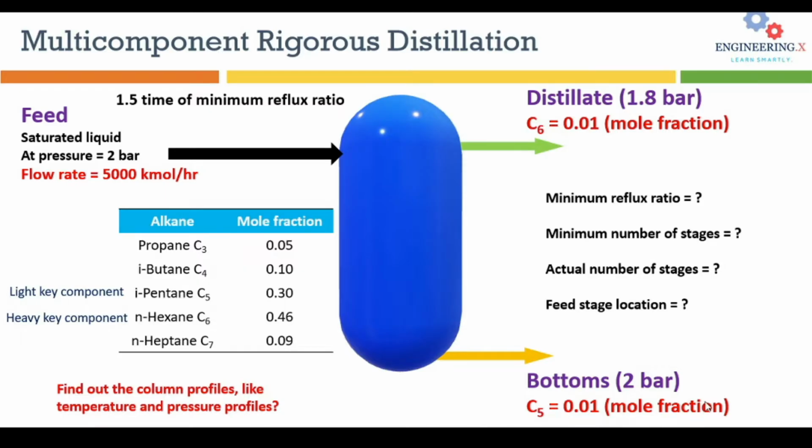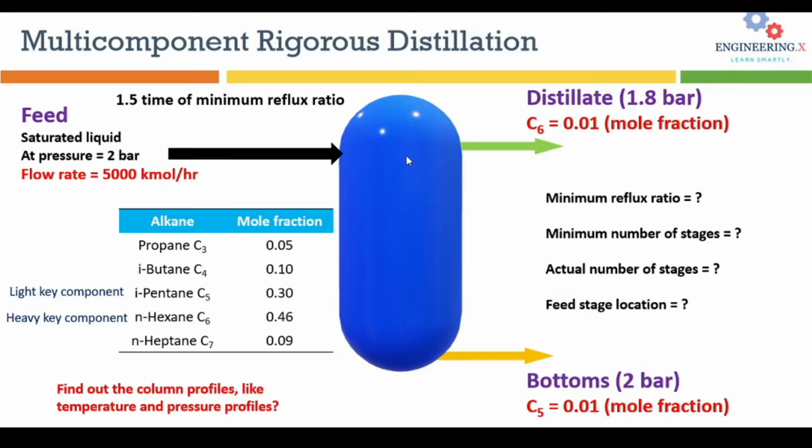So in order to simulate the distillation column in a rigorous way, we must answer these questions: what would be the minimum reflux ratio, what would be the actual number of stages, and what is the optimum feed stage location.